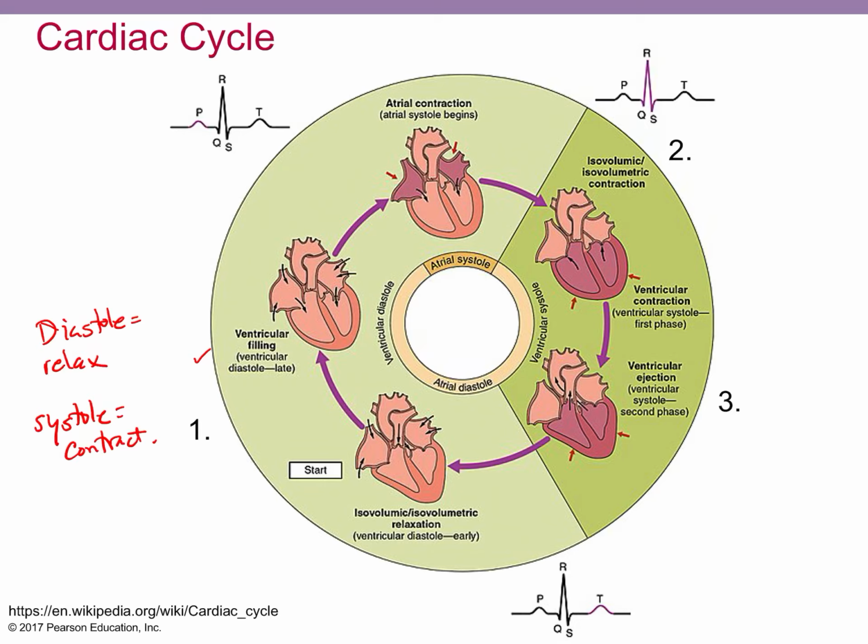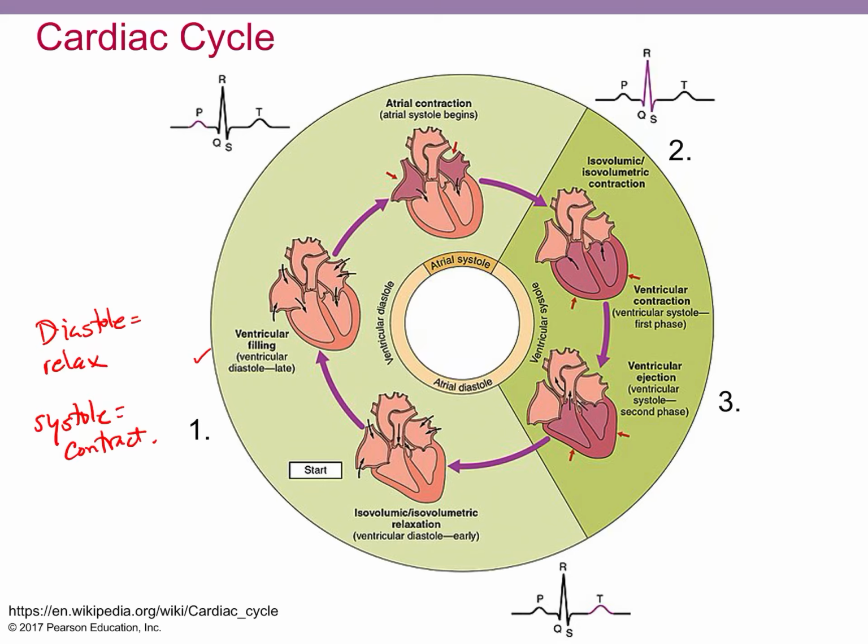So you can have atrial diastole, atrial systole, and ventricular diastole, ventricular systole. So the very first phase is going to be both of these chambers are filling. So both of them are relaxed. They're both in diastole. Blood is flowing into the right atrium from the superior and inferior vena cava, as well as the coronary sinus. This is an anatomy review.